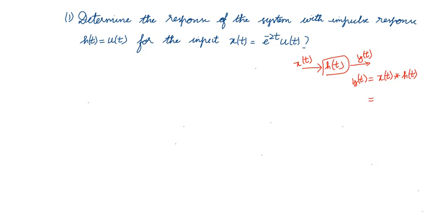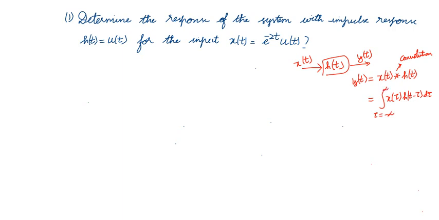Mathematically, this star indicates the convolution operation. Convolution is nothing but the integral of x of tau h of t minus tau d tau, with tau ranging from minus infinity to plus infinity.